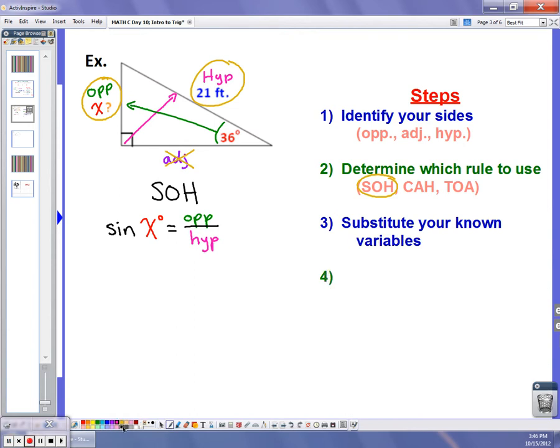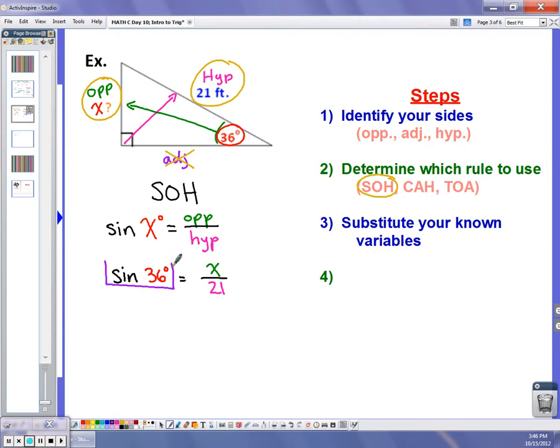So I'm just going to go ahead and find out the sine of x degrees, and x degrees is our reference angle, which is 36 degrees. We see that right over here. And that's equal to our opposite, which we do not know. So I'm just going to label that as x. And our hypotenuse is 21.